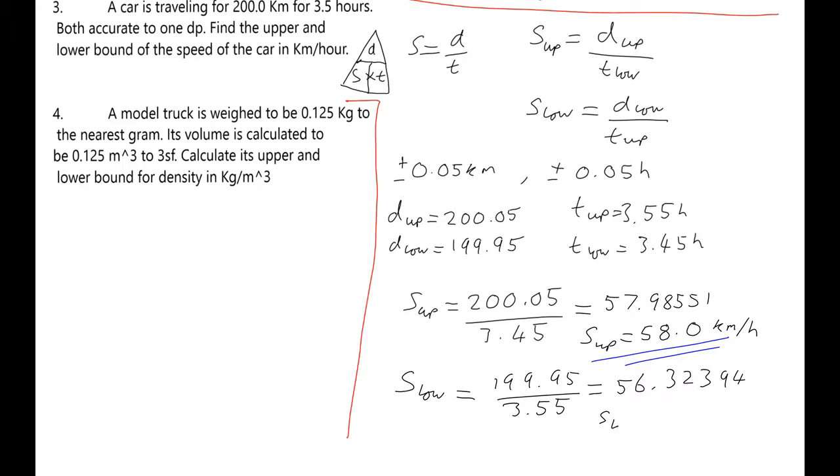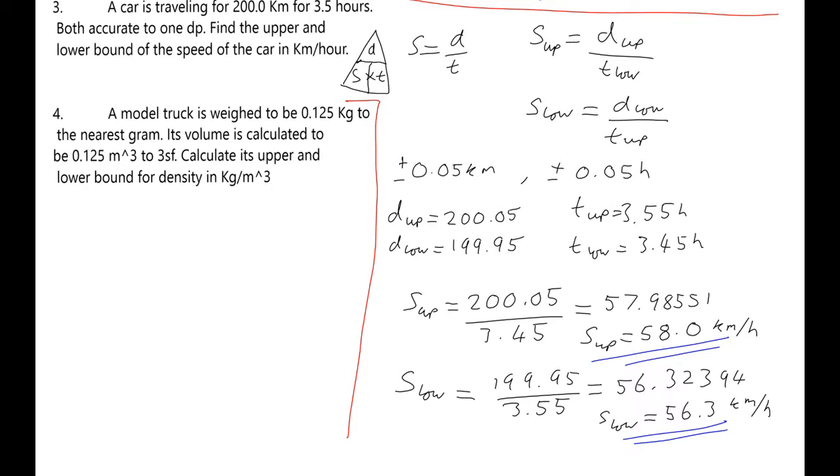So S lower equals 56.3 kilometers per hour. And that is how we deal with these speeds and densities and rate questions.